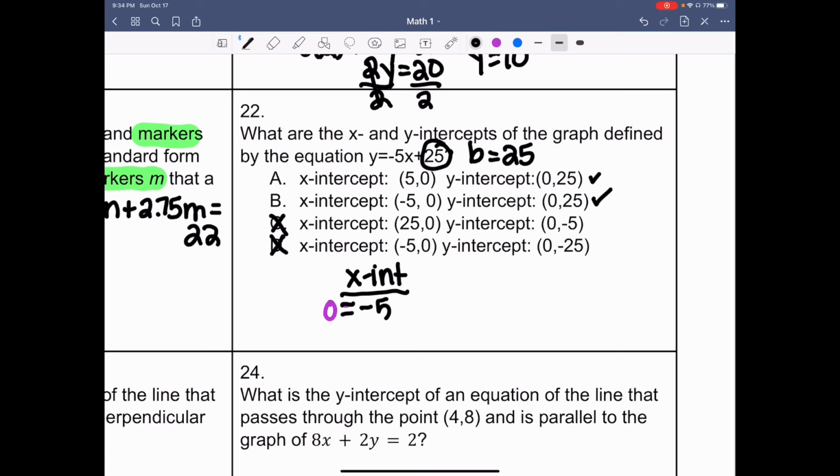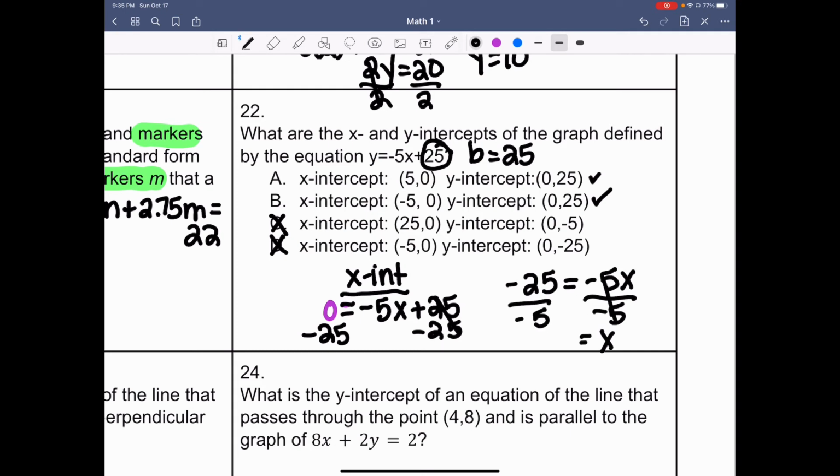So that's going to give me negative 5x plus 25. And I'm going to solve it. So I'm going to subtract 25. And I have negative 25 equals negative 5x. And I'm going to divide by negative 5. So x equals positive 5, which would give me A.